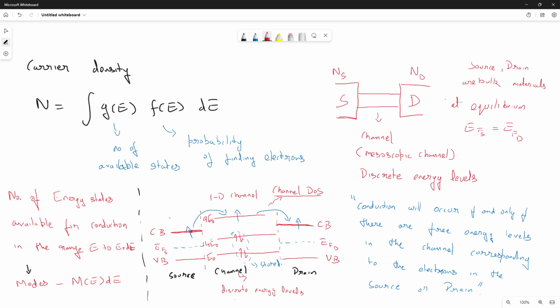Okay, so this is true even for mesoscopic devices. Again, this derivation is found in the lectures. I'm not doing these derivations over here. If you have any doubts, next week maybe tell me. I will walk you through the derivation again.